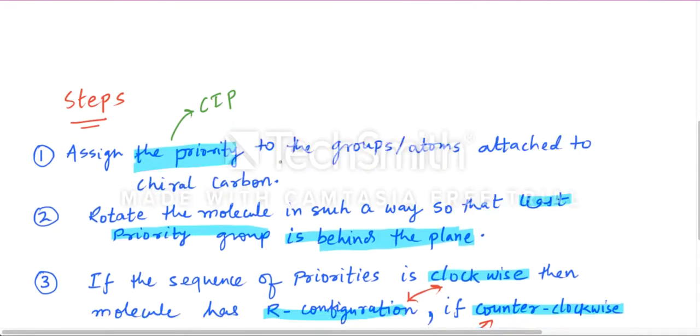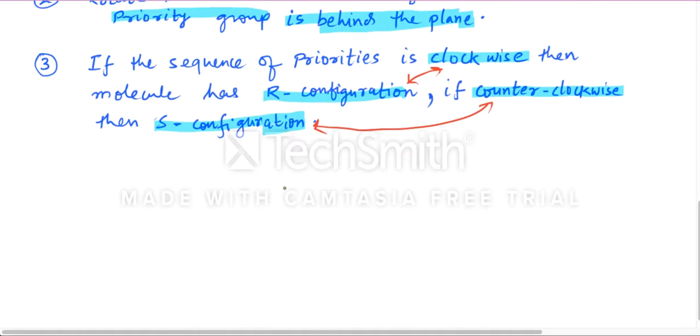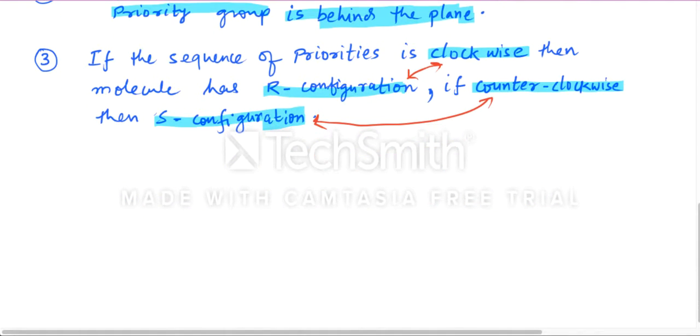Let me take one more example, which will be a bit twisted, different from the previous one. I'm taking again one chiral carbon, and in this chiral carbon I will not place the least priority group behind the plane.